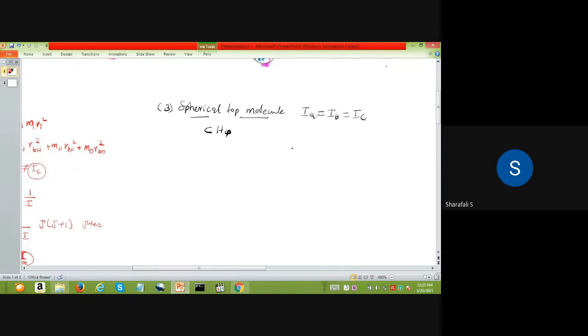In the case of CH4, we have a central carbon and 4 hydrogens which are symmetrically placed from the carbon. They have the same bond length. Now, if you consider the moment of inertia in the axes A, B, C, then we'll have the same moment of inertia in all the axes. So IA equals IB equals IC. All of them will have the same value.